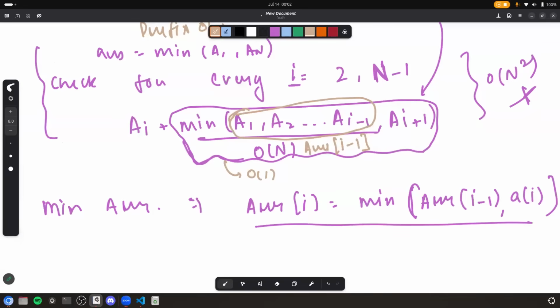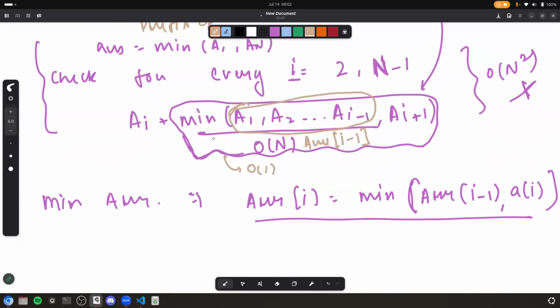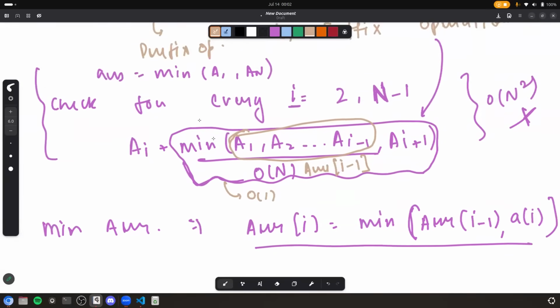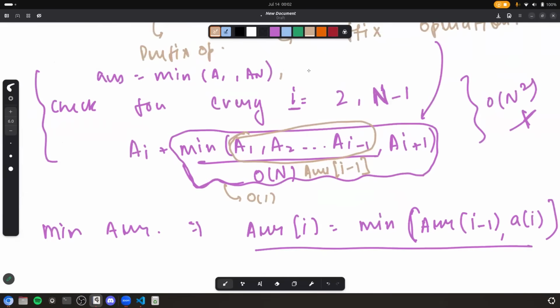Or one other thing we can do is we can basically maintain a variable, let's say val, and every time we iterate, after we calculate this, we just update val with minimum of val and AI.